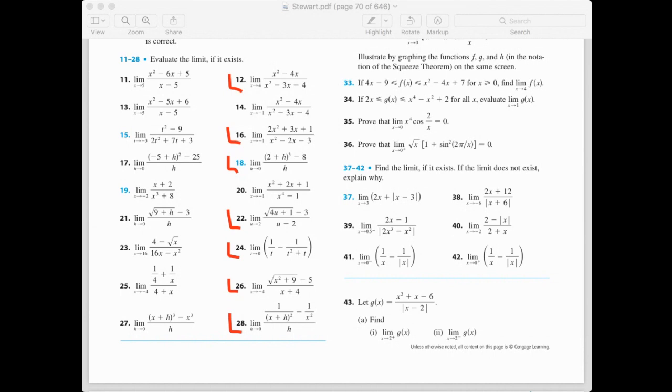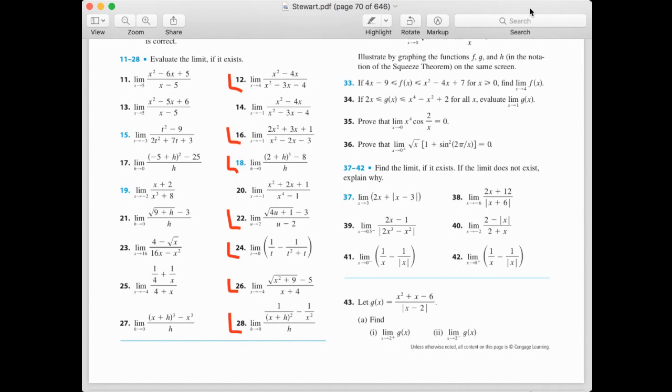Oh, 22. Okay. So first, I multiplied by the conjugate, which was square root of 4u plus 1 plus 3. I multiplied the numerator and denominator by that. Right.